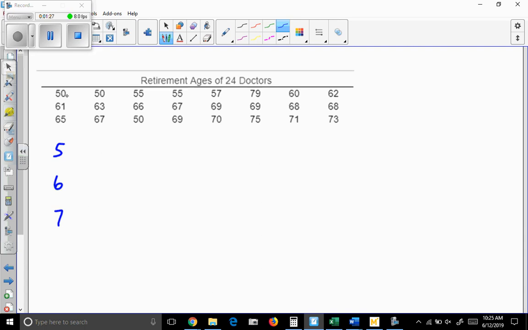So if we start at the first one, we have 50, we have 50, 55. So remember the way a stem leaf plot works. We put the values of the stem here, and then we put the leaf digit in the corresponding row.